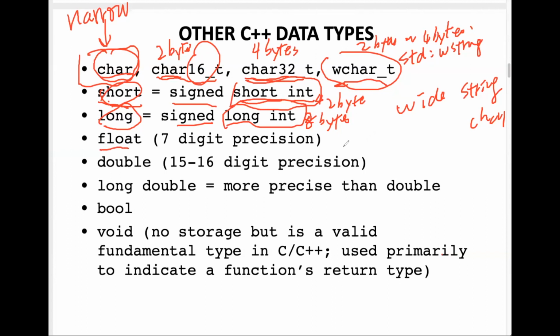Float here is at least 4 bytes, so this is as big as an integer. And basically what you have here is a float with a 7-digit precision. Double is 8 bytes. This double allows you to store up to 15, 16 digits. So long double, it turns out, is 12 bytes, right?